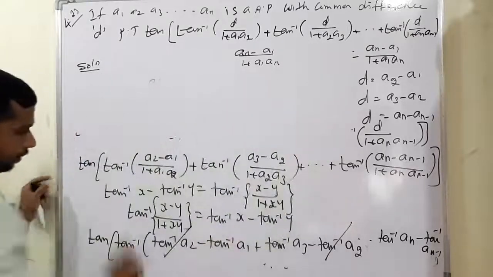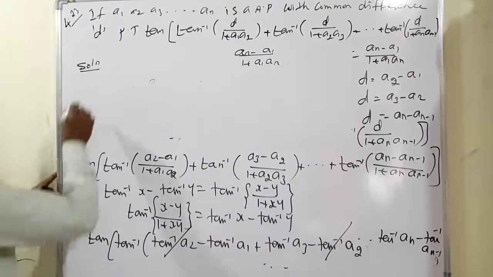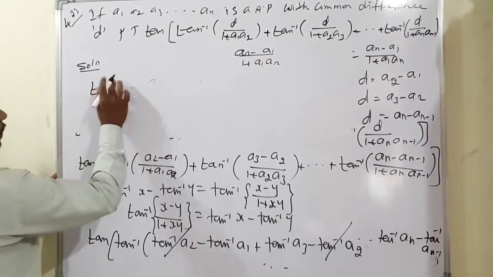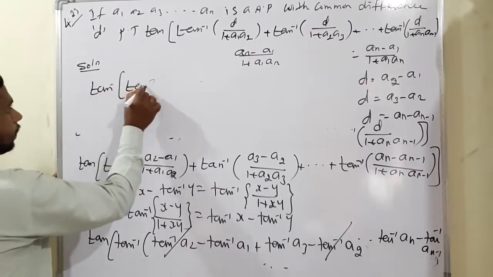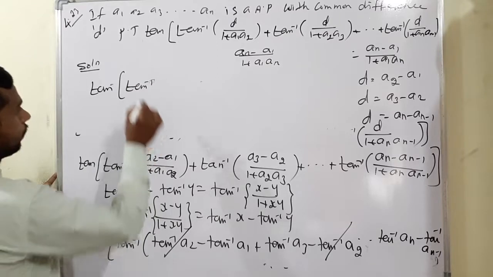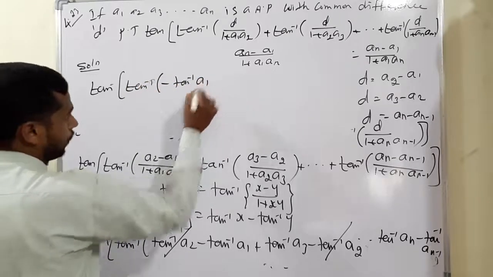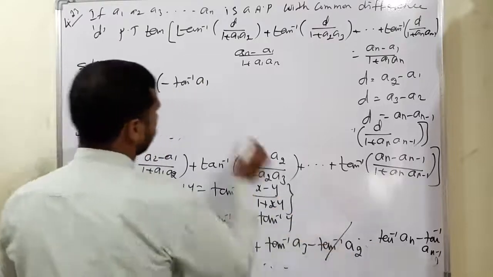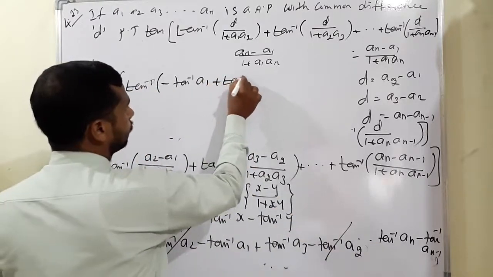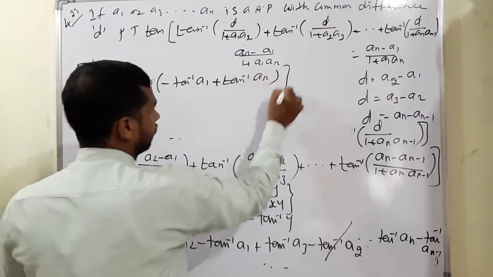So one by one we can cancel. What do we have to balance? Outside tan as it is, inside tan inverse, balance definitely negative tan inverse a1, and the last term positive tan inverse an.